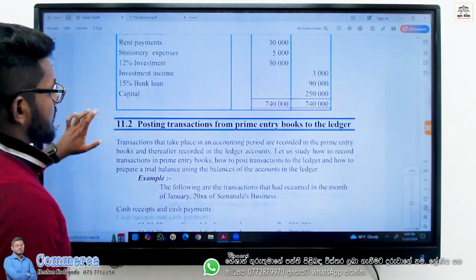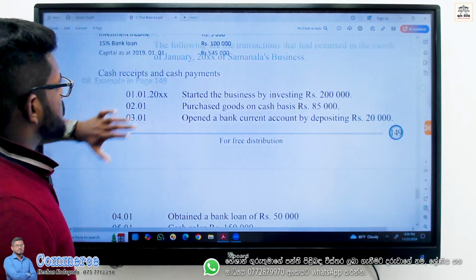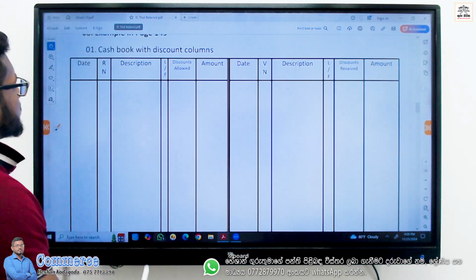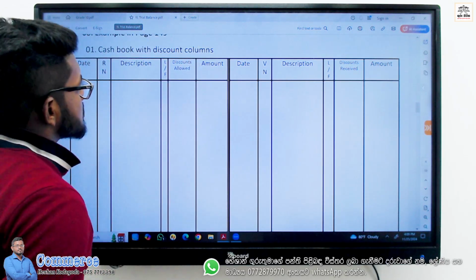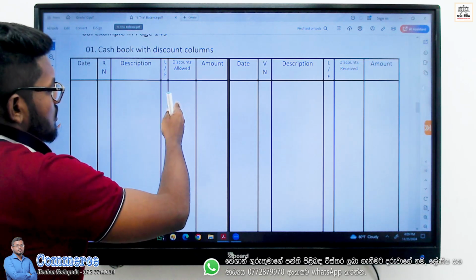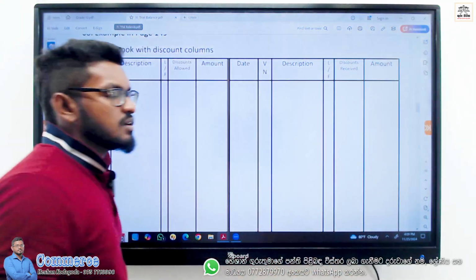Here you can see I have drawn the structures. The cash book with discounts column: date, receipt number, description, LF, discount allowed and the value; date, voucher number, description, LF, discount received and the amount.